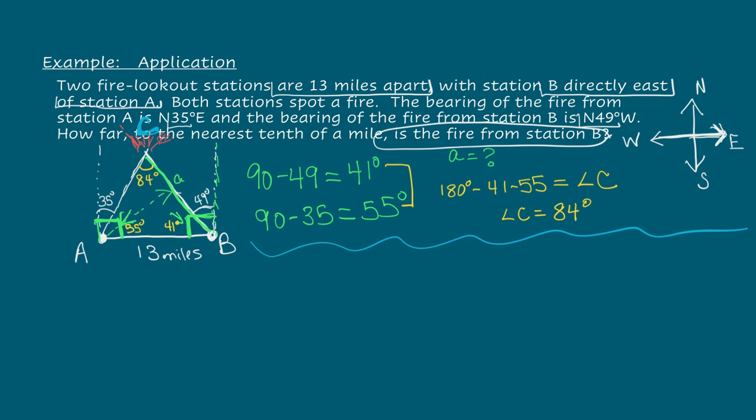So let's do C over sine C equals A over sine A. And then let's fill in what we have and solve for what we don't have.